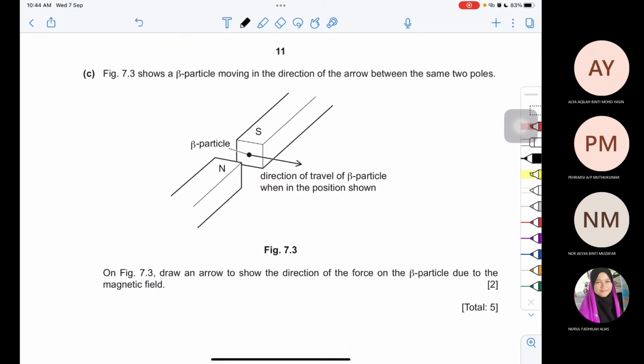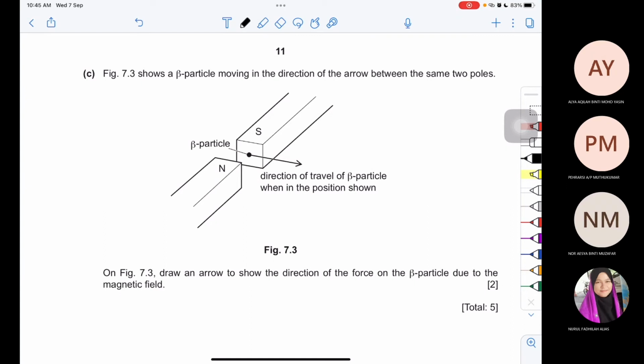Figure 7.3 shows a beta particle moving in the direction of the arrow between the same two poles. On figure 7.3, draw an arrow to show the direction of the force on the beta particle due to the magnetic field. Okay, sekarang kita ada beta particle.